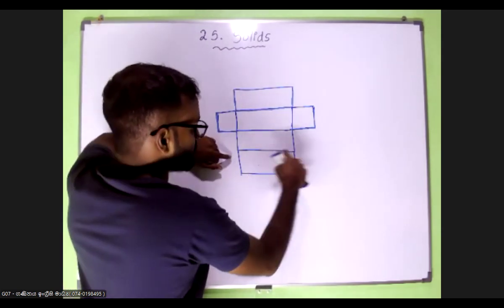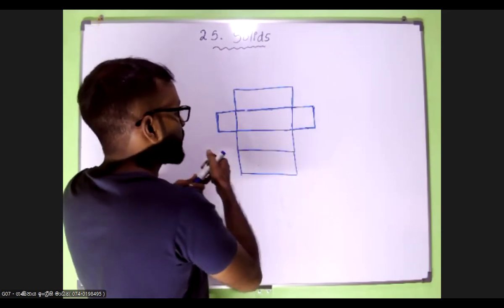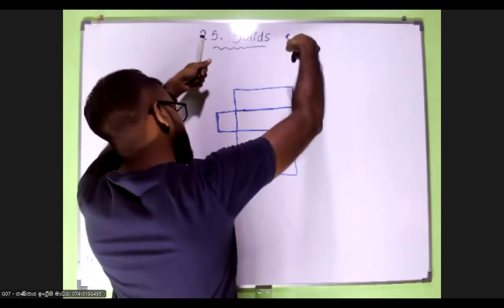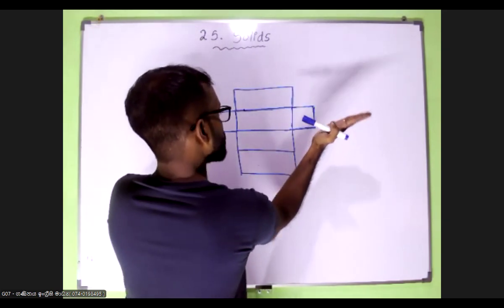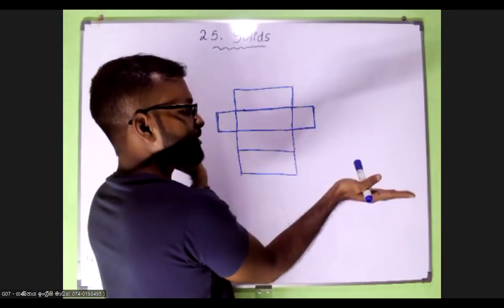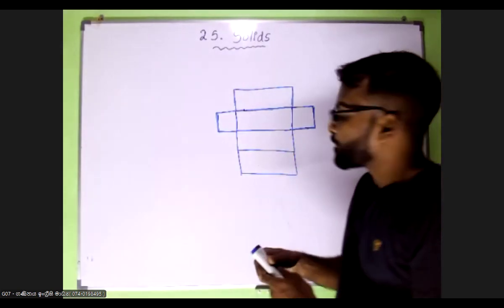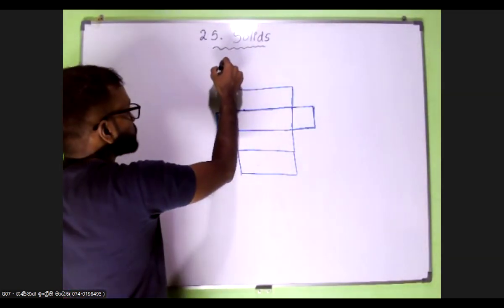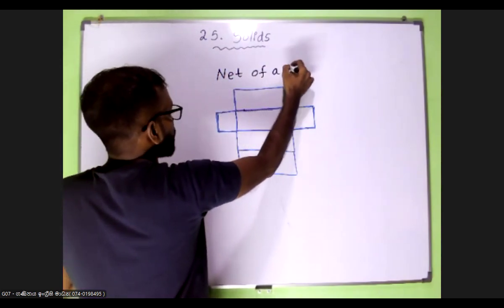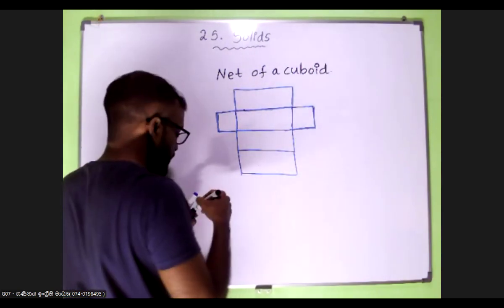By using this edge and this edge, we can fold, and finally we can close the box. And by using these two faces, we can close the box. So this is called a net of a cuboid.